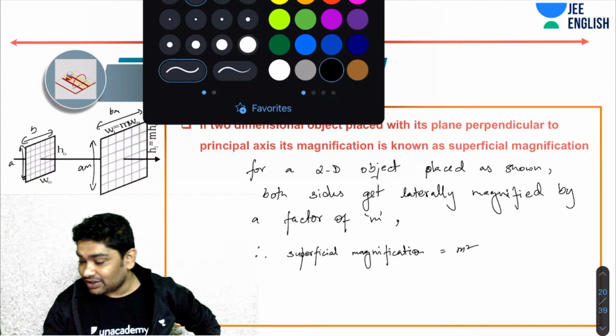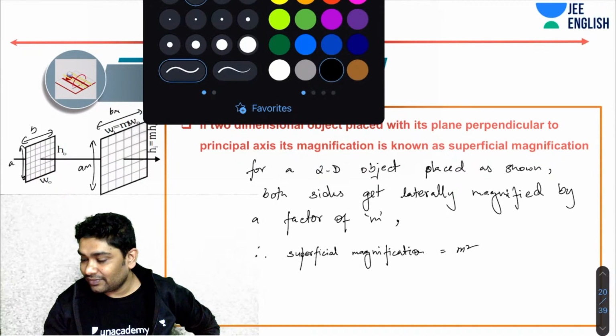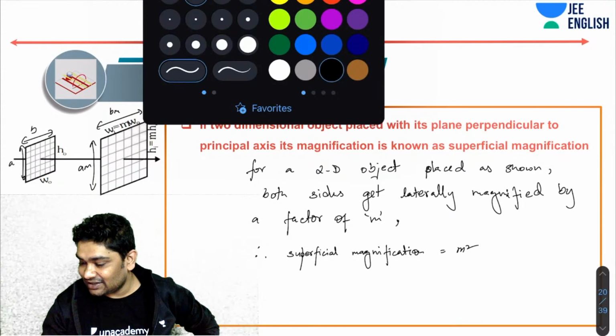If the object was kept along the principal axis, then what happens? Then you realize if this side was A, then this side would be M times A. And how about that side?